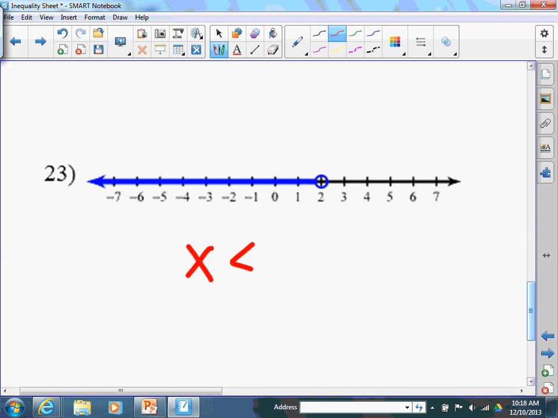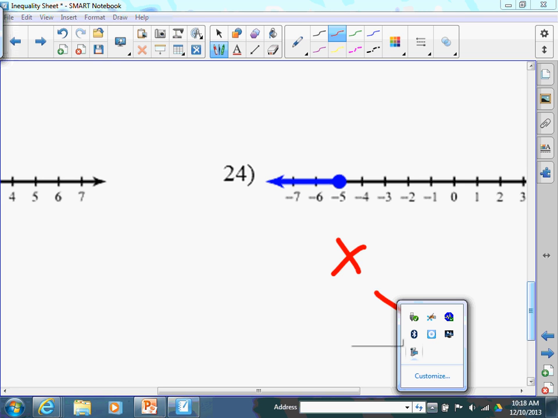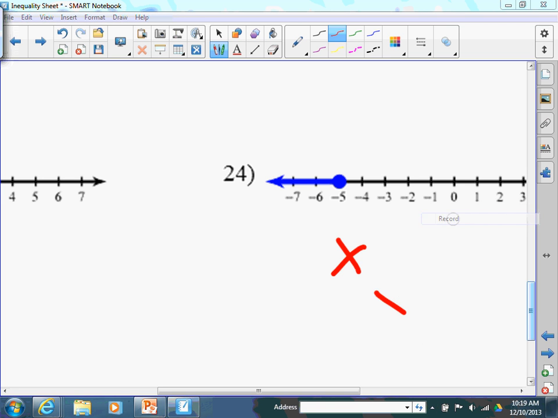Less than 2, good. 24. Hold on one second. Okay, so X, what? Less than or equal to negative 5. Good job. Any questions so far?